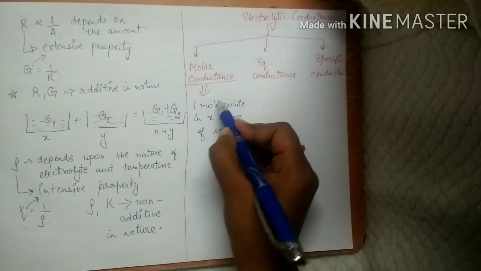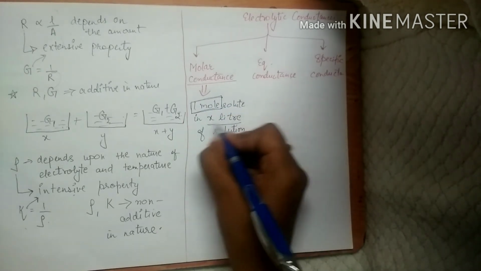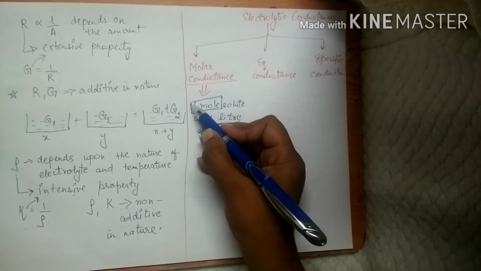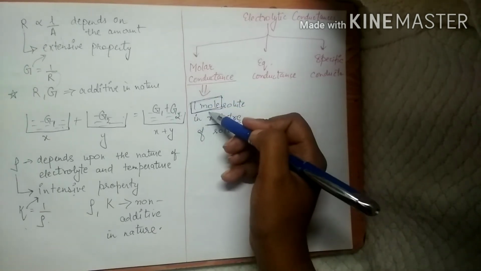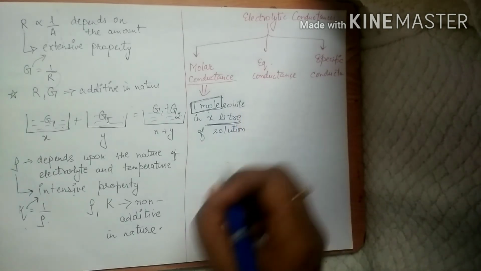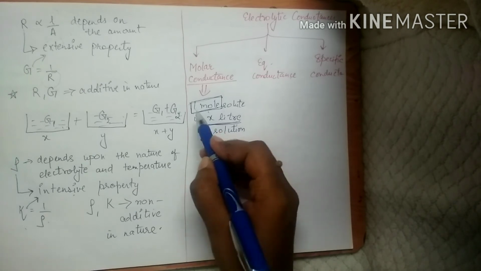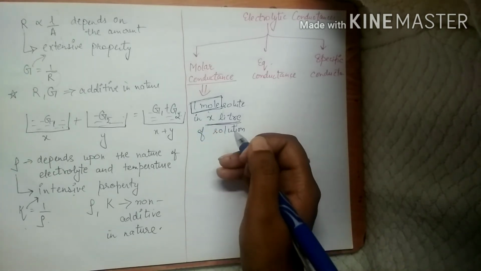So the amount is going to be constant. Whatever is the amount of your solution, the amount is fixed here. In molar conductance, the amount is fixed, that is 1 mole. So the molar property is intensive because amount is fixed here. It is not dependent on the amount because amount is already fixed.